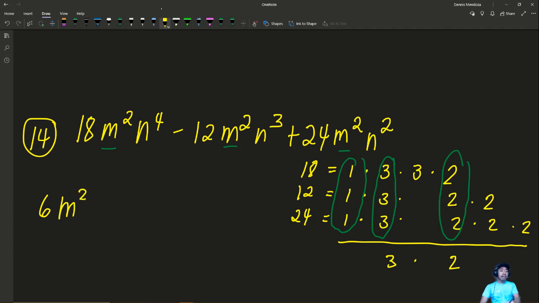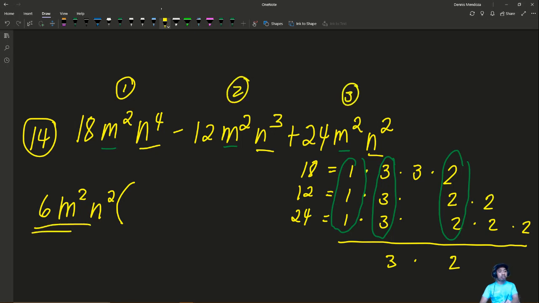And then n to the fourth, n cubed, n squared. What is the least among those 3? Copy n squared. And that is the greatest common among those 3. Okay? And now, divide each of the 3 terms using our greatest common monomial factor, which is 6m squared n squared.